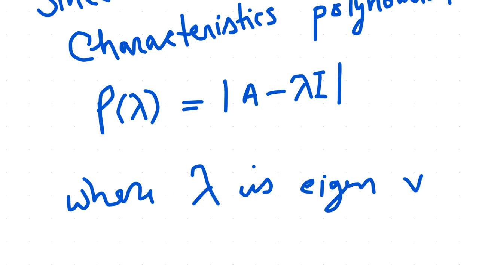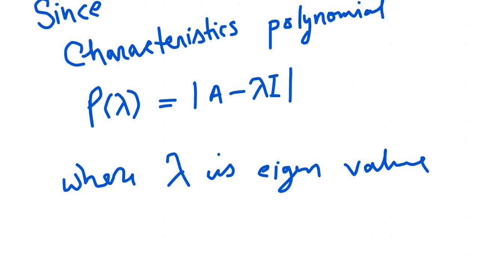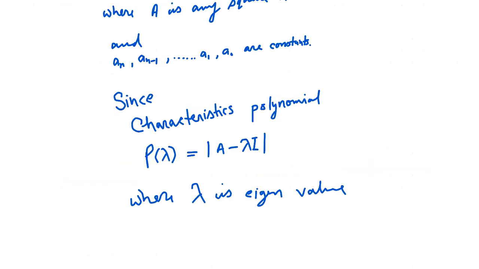So if we put lambda equal to A in the characteristic polynomial, then we will get this polynomial.